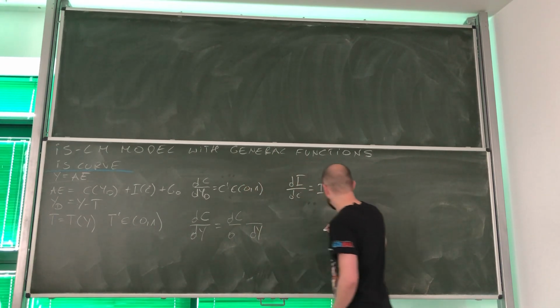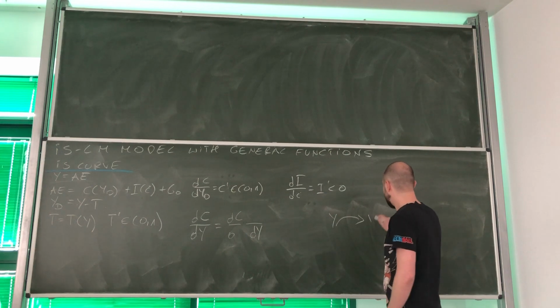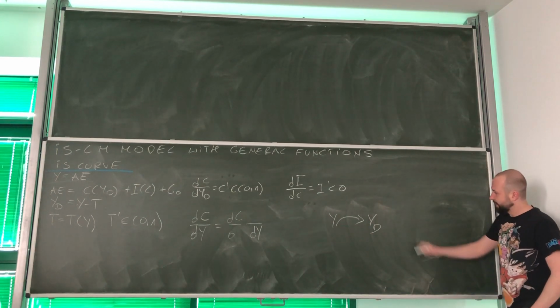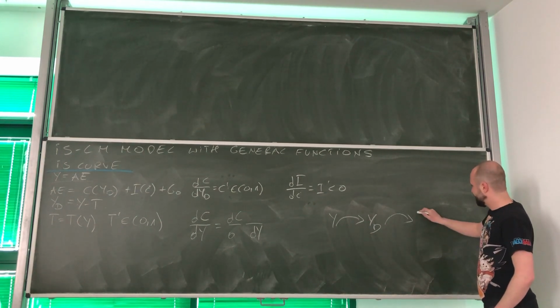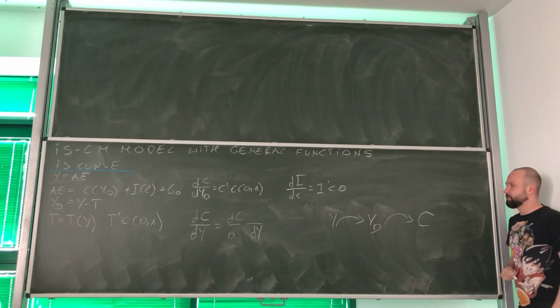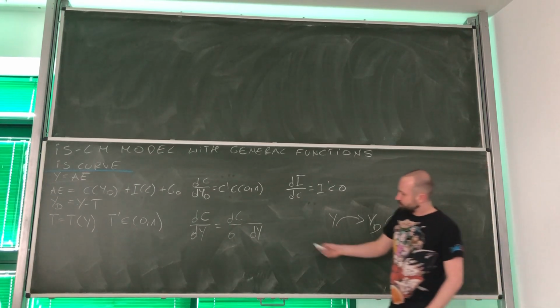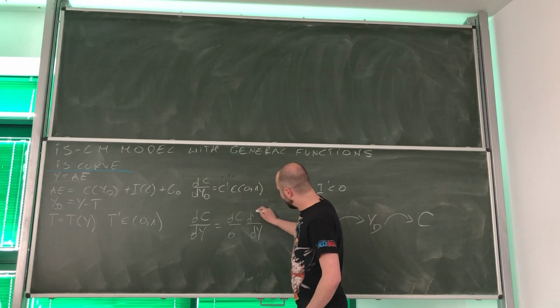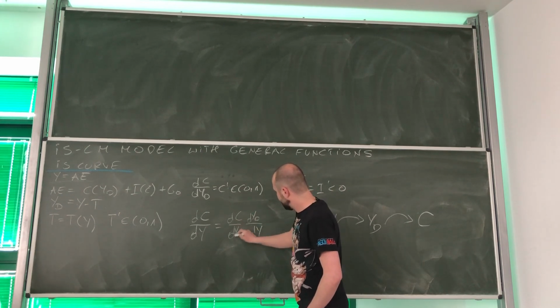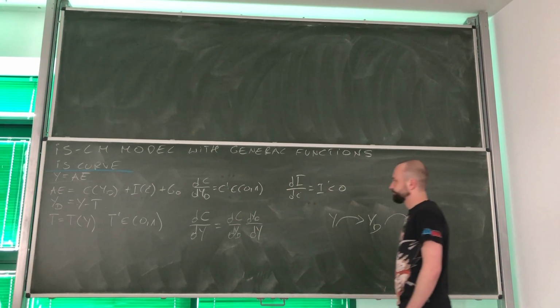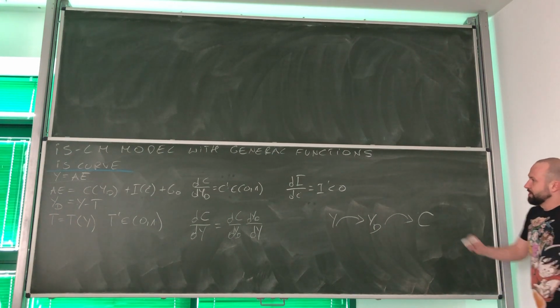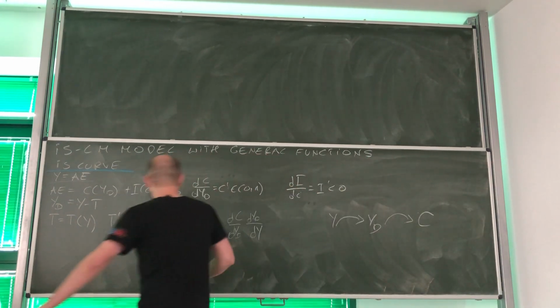And look, if income changes, that impacts disposable income, and then in turn, disposable income impacts consumption. So what I'm going to put here is dYd over dY. We know that this is true, and we can easily calculate it, right?